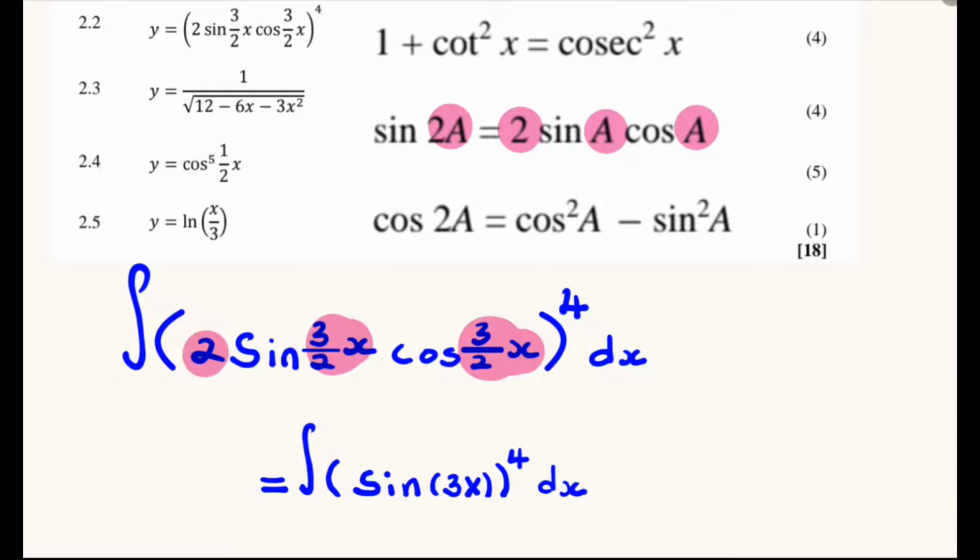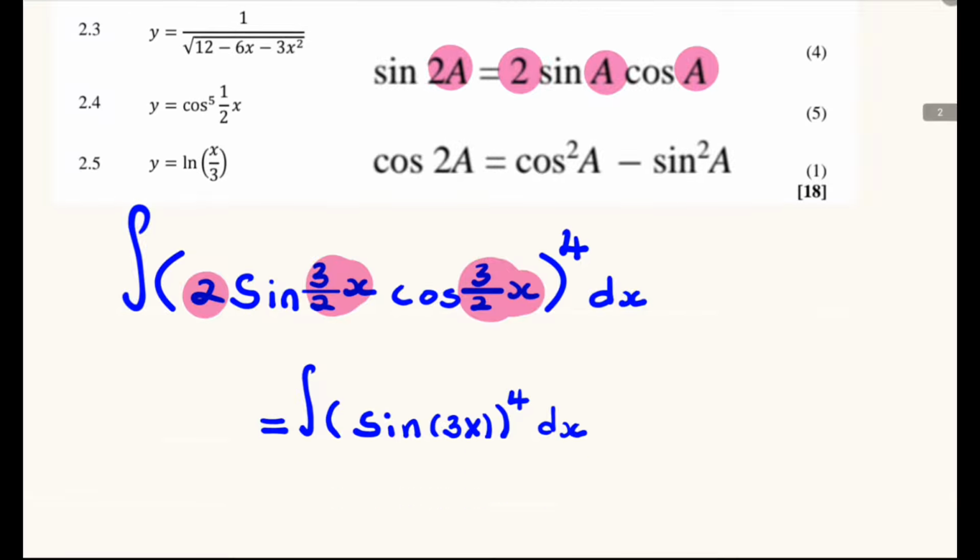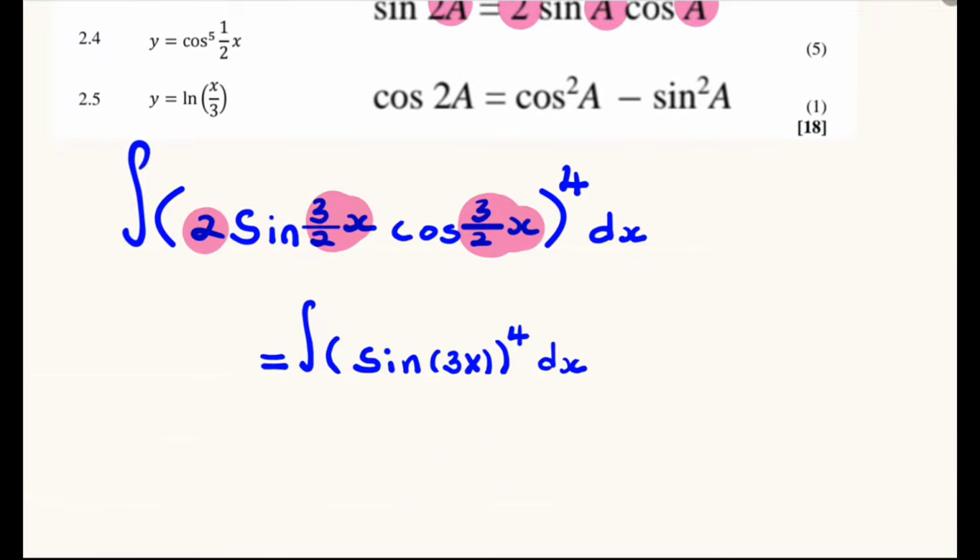dx. We rearrange our integral and break that 4 in the exponent, and we are going to have the integral of, we break down the 4 and express it as sine squared of 3x, and all of this will be raised to the power 2 since we broke down that 4, dx.